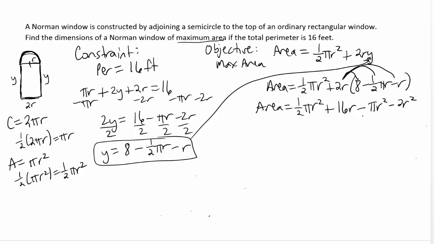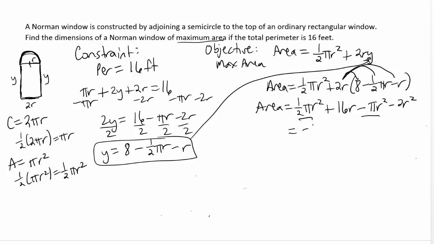Now, if you look at this, it's a bit of a mess, but there are actually two like terms here that I could combine. A 1/2 pi r squared and a minus pi r squared, those are like terms because they both have a pi and they both have an r squared. And this one's a positive 1/2, and this one has a coefficient of -1. So what's a half minus a 1? Well, that's a negative a half.